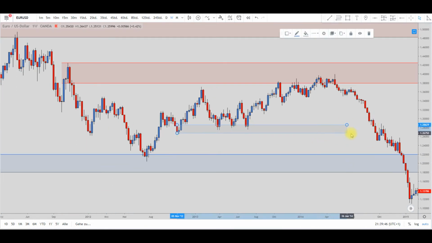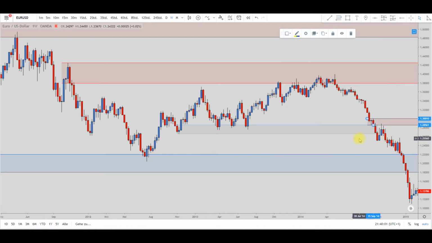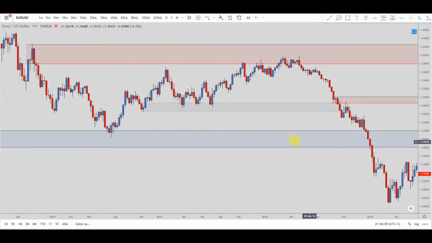this level taken out here with this little supply above here, which was immediately tested before going further down.